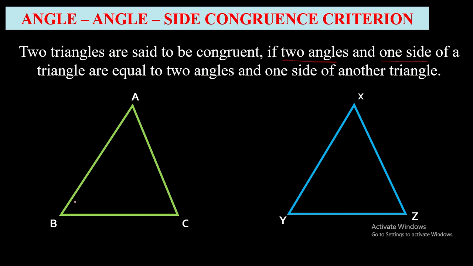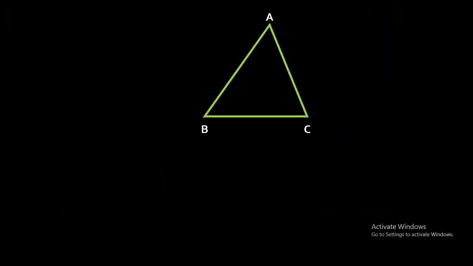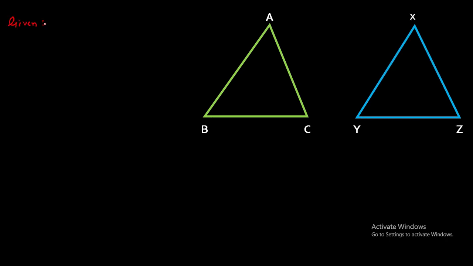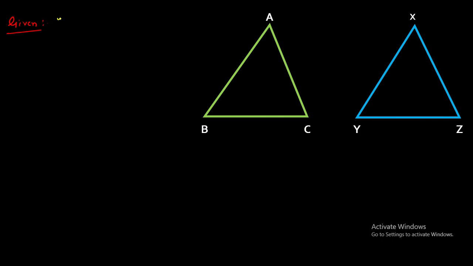So let's suppose it is triangle ABC and triangle XYZ. Let's take the given part. In triangle ABC and triangle XYZ, let's suppose that angle B is equal to angle Y, as it is said, two angles and a side.